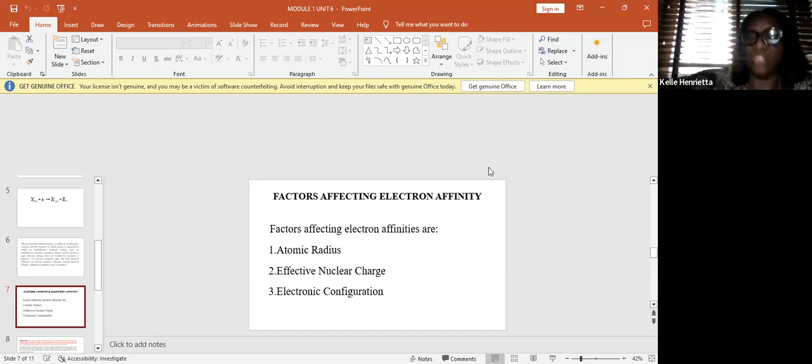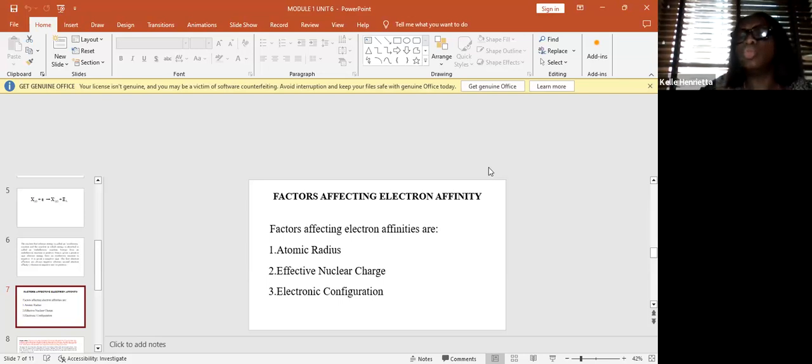So it experiences more of it, so that when you have an incoming electron into that shell, the nucleus will attract it strongly for it to enter that shell and be held in this shell. And this will involve a large quantity of energy because of the high effective nuclear charge.